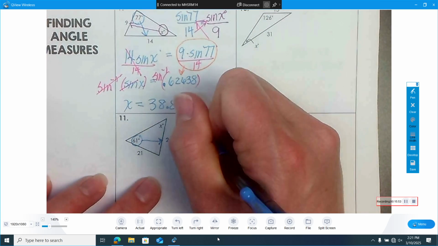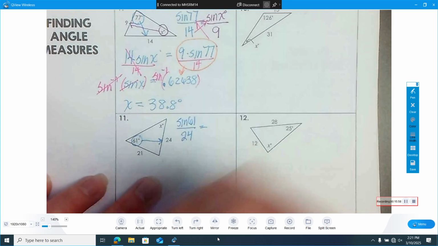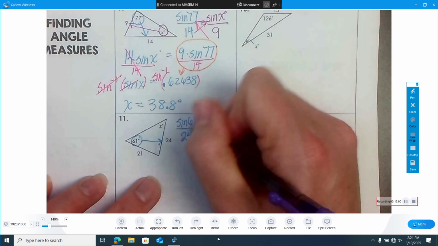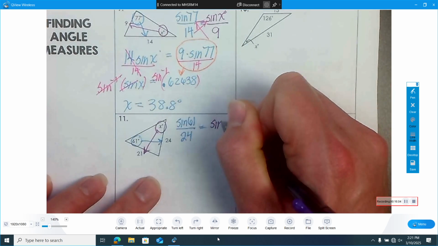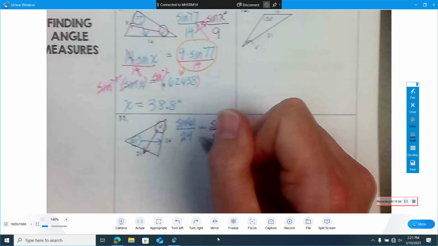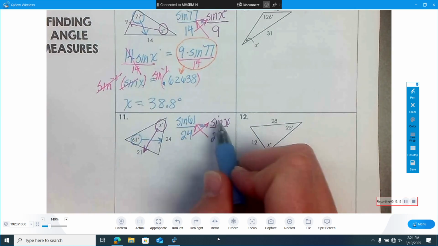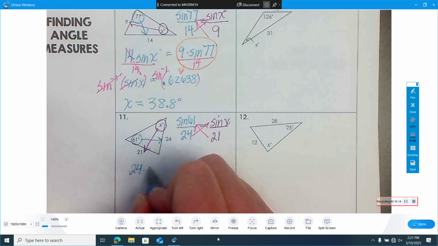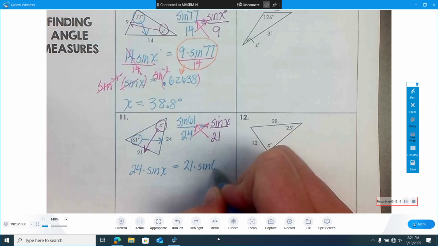The sine of x degrees over 21 equals the sine of 61 degrees over 24. Lots of ways to write that down. We're going to cross multiply. I have 24 times the sine of x equals 21 times the sine of 61.